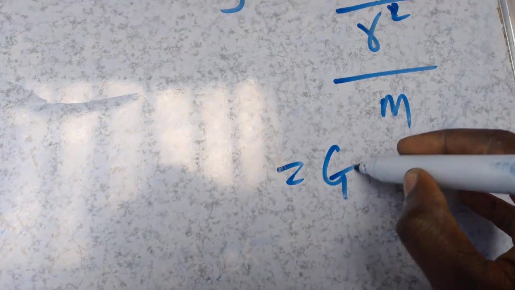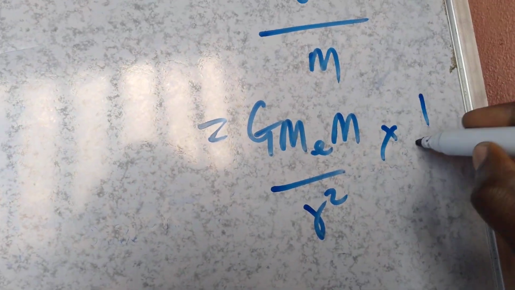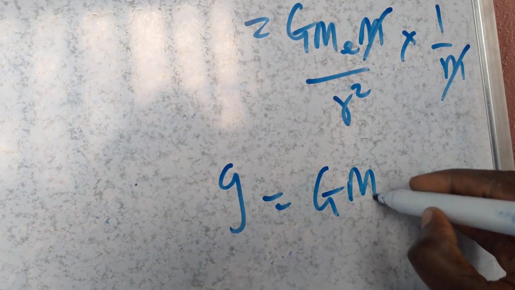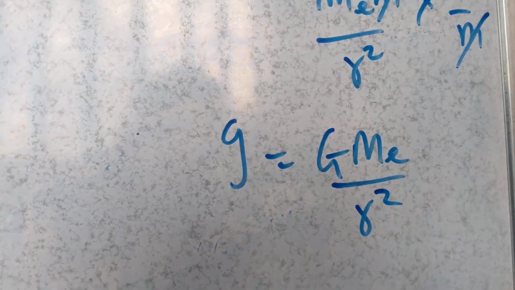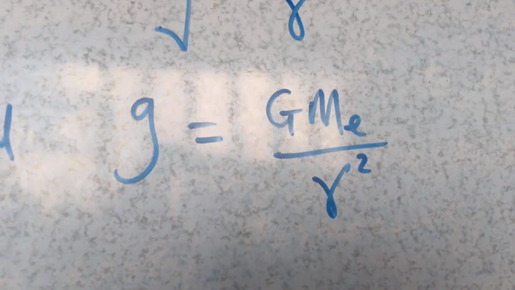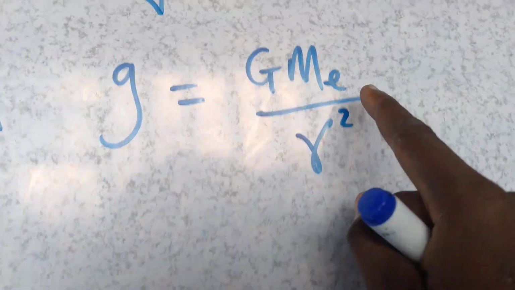So that's G Me m over r square times 1 over m. We cancel out the m, and we have that g is G Me over r square. So you come back here, that acceleration due to gravity is G Me over r square. I'll make Me the subject of the formula.